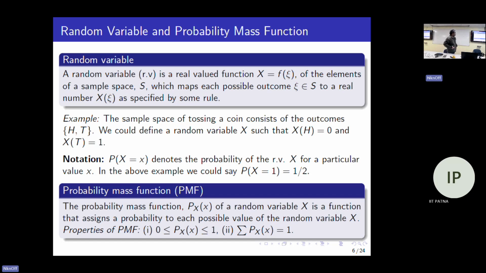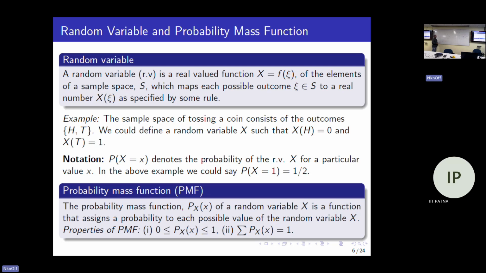So what is the probability mass function? Suppose we have a random variable and we assign some probability. Let's say we roll a die, we get 1, 2, 3, 4, 5, 6, and then we assign numbers, say 100, 200, 300, 400, 500, 600. These are the random variable values.